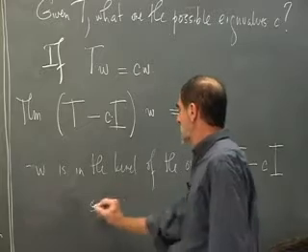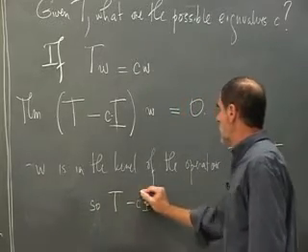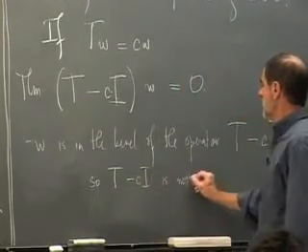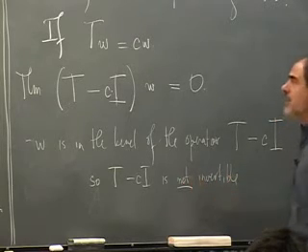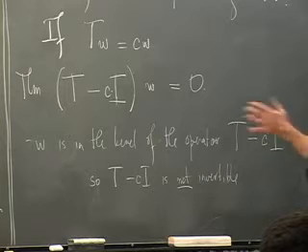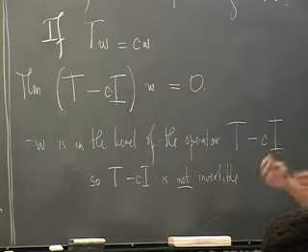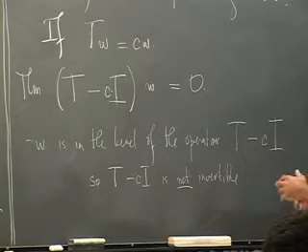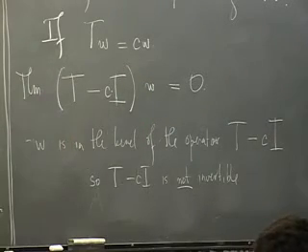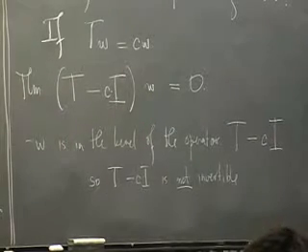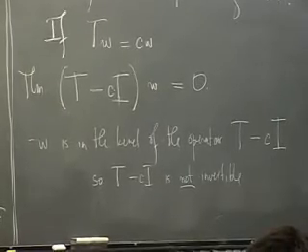So T minus CI is not invertible because it has a kernel. And it's a map from a space to itself, so it's invertible if and only if its kernel is 0 or its image is everything. But here we'd have a kernel.